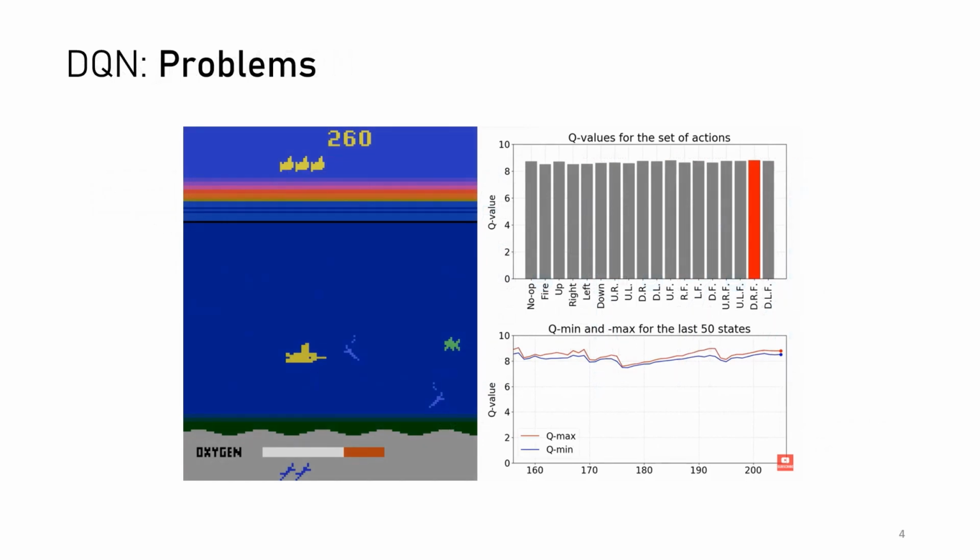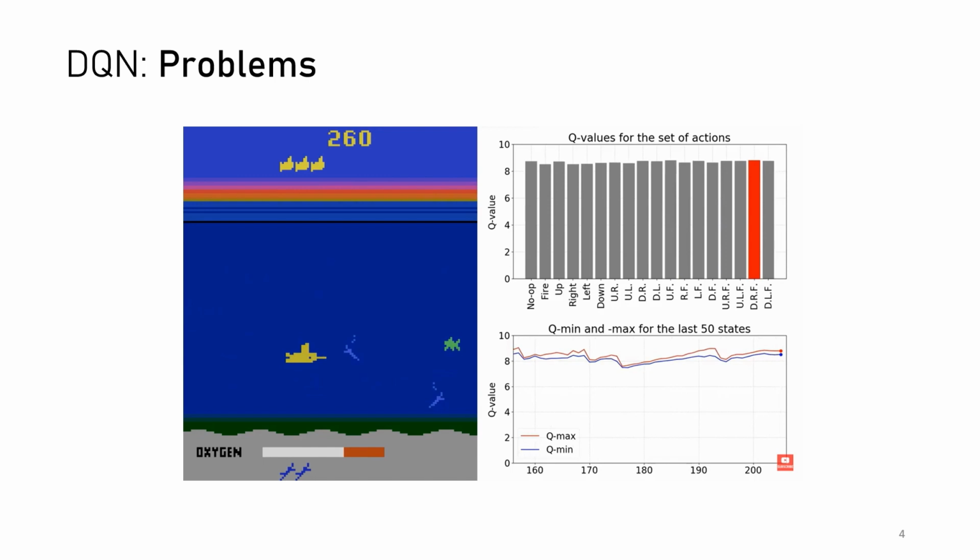Now let's take a look at the problems with the vanilla or conventional DQN shown in the previous slide. This is an instance of an Atari game named Seaquest. The goal is to retrieve maximum divers while dodging and blasting enemy subs and killer sharks.